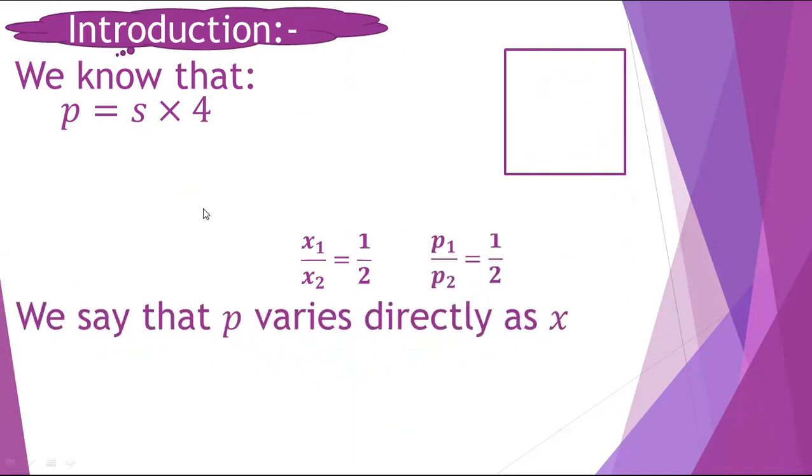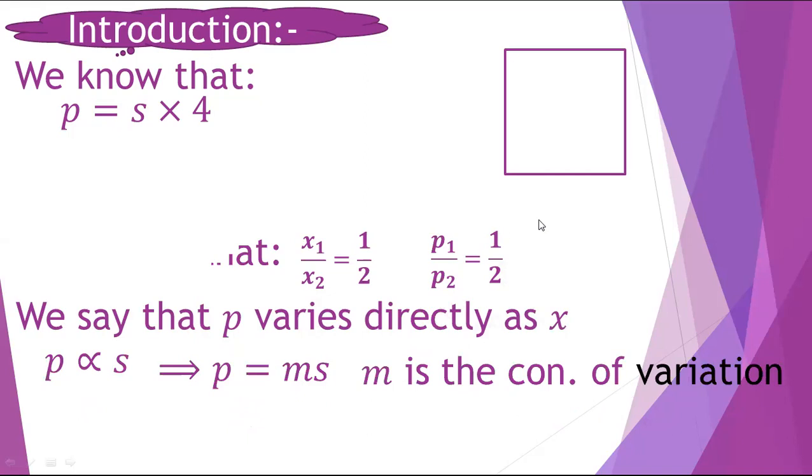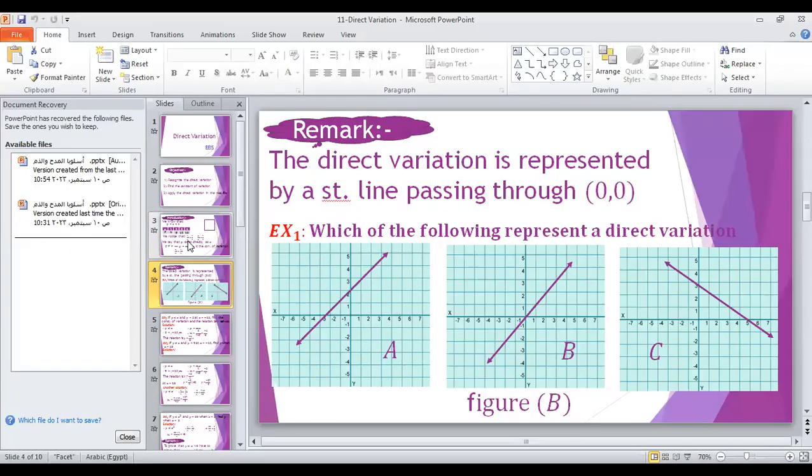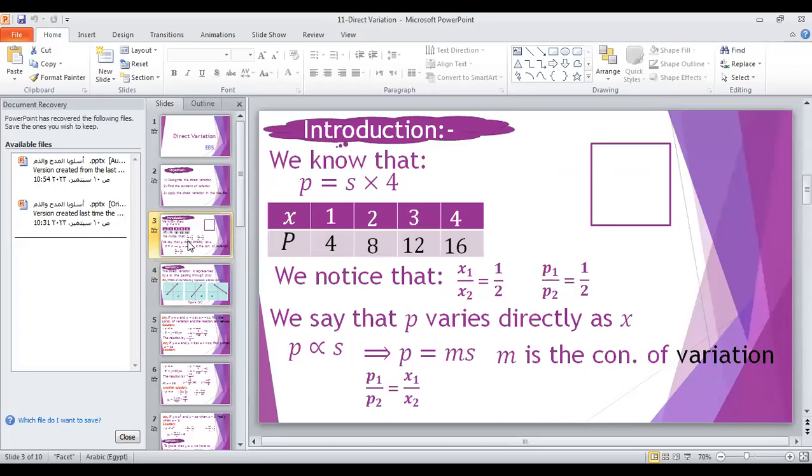We notice that if we have this table, we have x for the side and b for the perimeter.